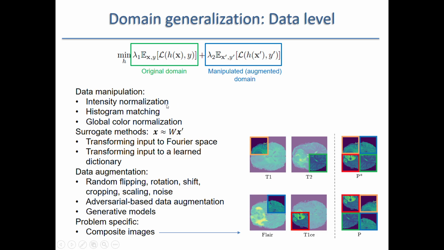So for instance, this data manipulation can be intensity normalization or intensity changes, or histogram matching, global color normalization. So we may adapt the different domains, especially with images, so that the images of one domain look like the images in the other domain.